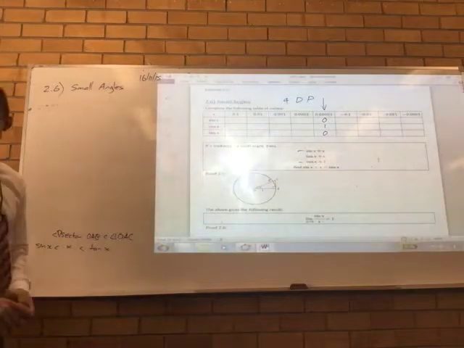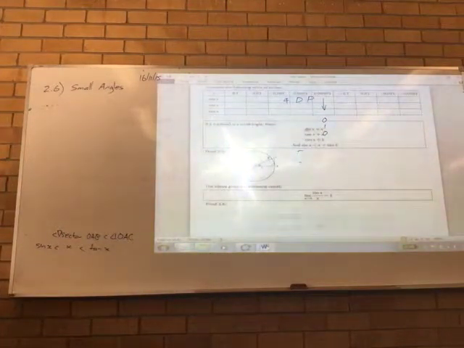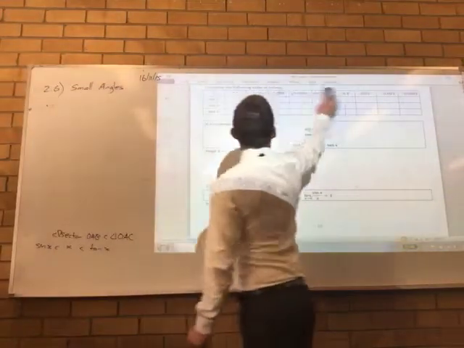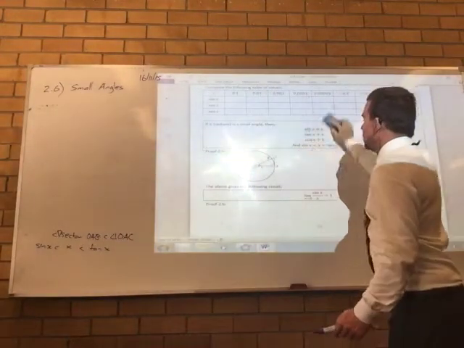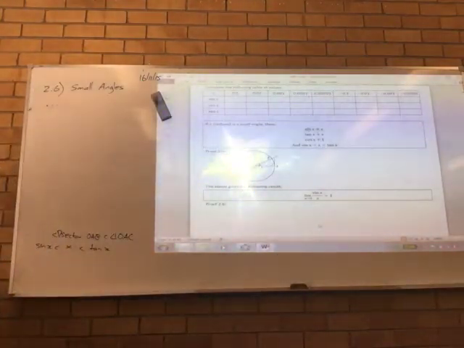From all that, you need to know these three other important results. As the angle gets small, sine and tan of x approach the same value, and the cos of x approaches 1.